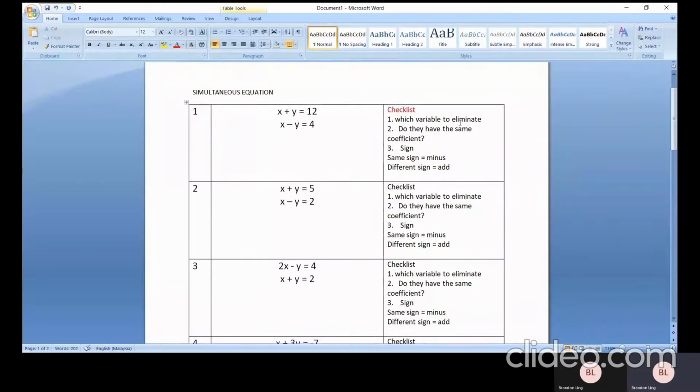for you to identify what are the things that you need to take note when you are using elimination methods to solve simultaneous equation. So first of all, you need to determine which variable that you need to eliminate. So let's say for this equation, question 1, I would like to eliminate x.